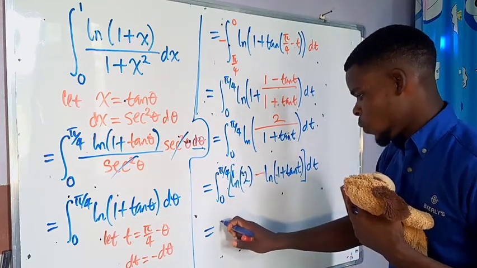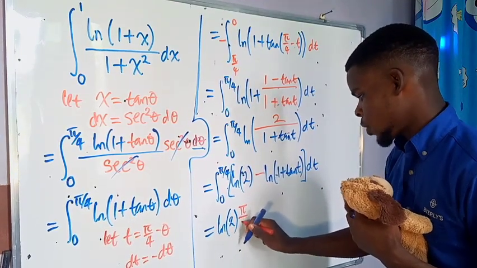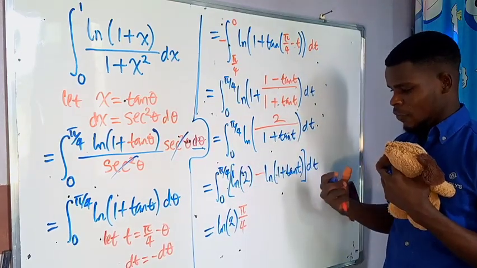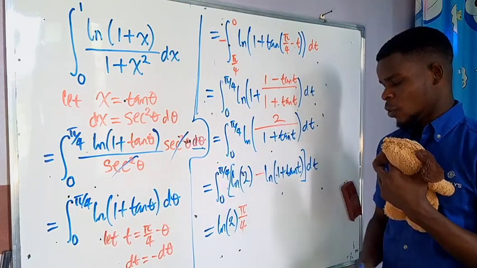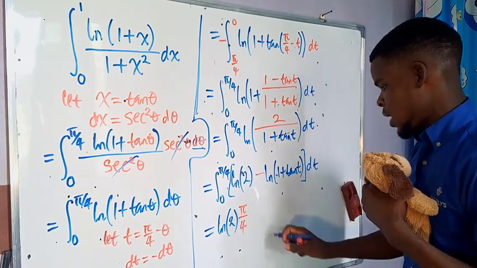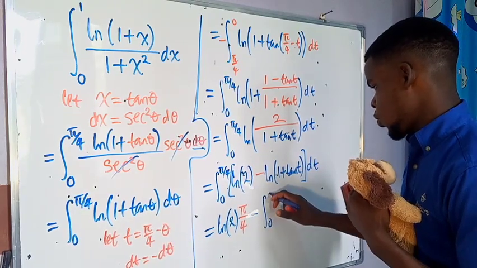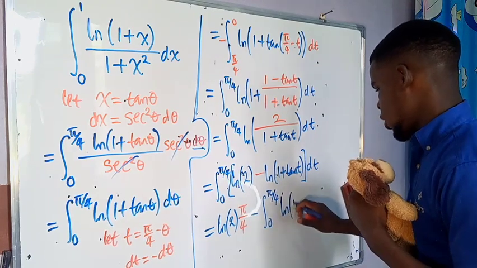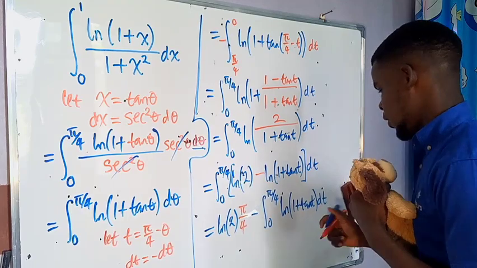In fact, this will become natural logarithm of 2 times pi over 4. When we integrate this over the t variable, we'll just have t times this, from 0 to pi over 4. You're going to have that, and then we take the integral from 0 to pi over 4 of natural logarithm of 1 plus the tangent of t, and we put the dt over here.